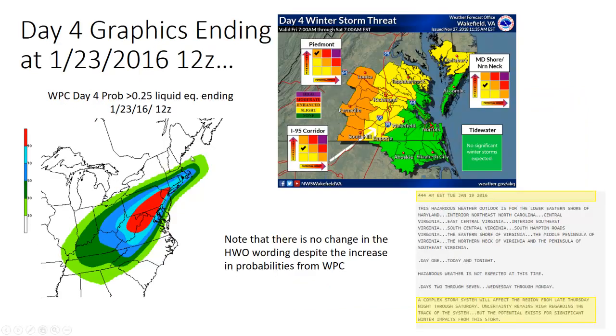But once you get to day 4, that's when you start to see the increased risk, especially in the Piedmont, especially with the WPC probabilities increasing to 70 to 90% across the Piedmont. But interestingly enough, that same morning, we actually didn't change the verbiage of the HWO.